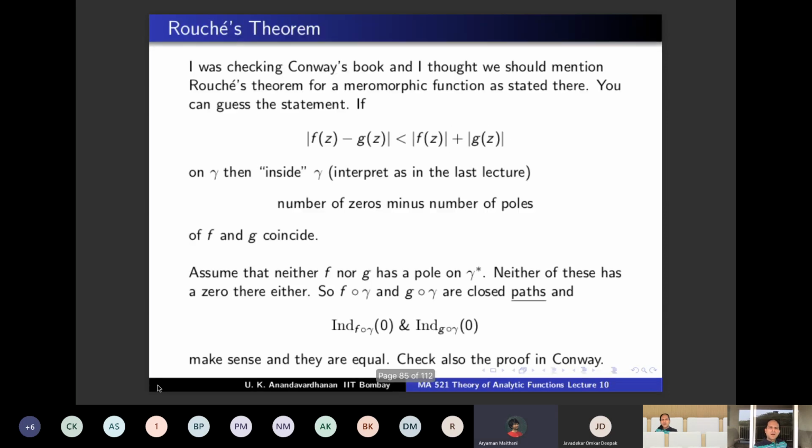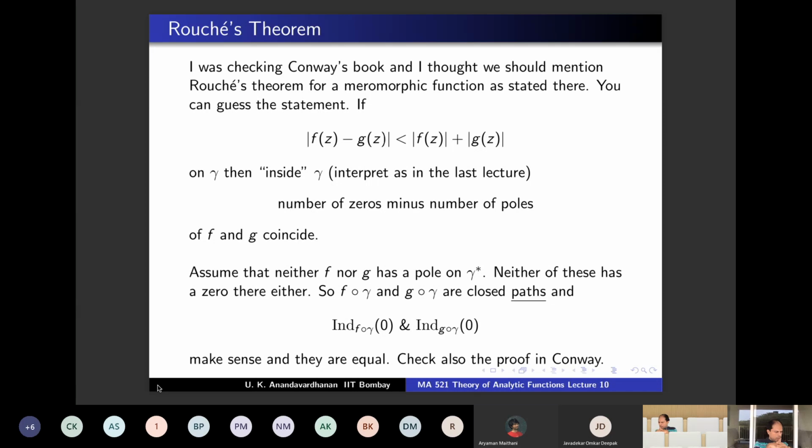So the thing in the previous slide: after dividing by g, we got that f by g can never be a negative real. But that was on gamma star, right? That's correct, because this strict inequality is only on gamma star.